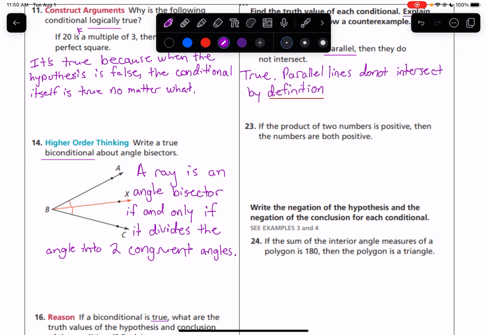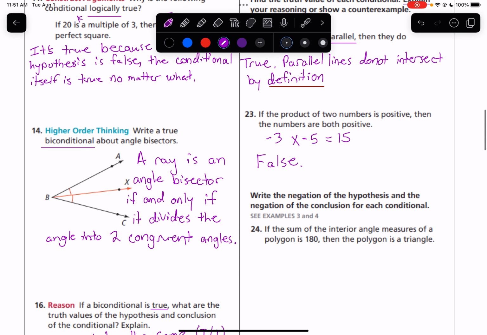I could say that -3 times -5 is equal to positive 15, or really any negative times negative gives me positive. This is a counterexample because we've got two numbers multiplied together that give us a positive answer, but both the numbers are not positive. So this is false.